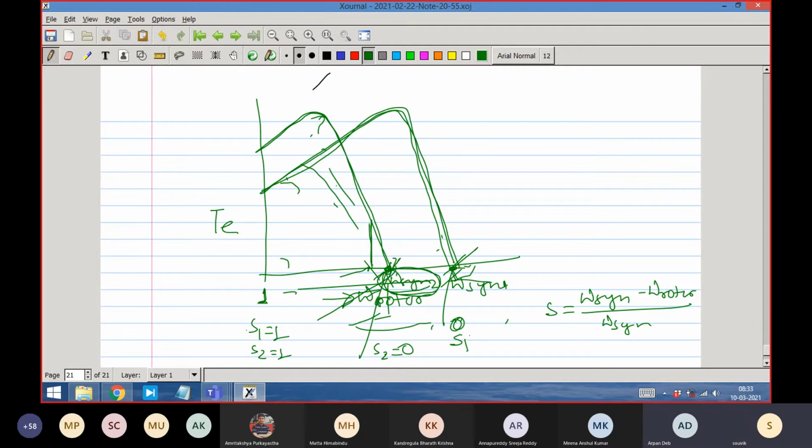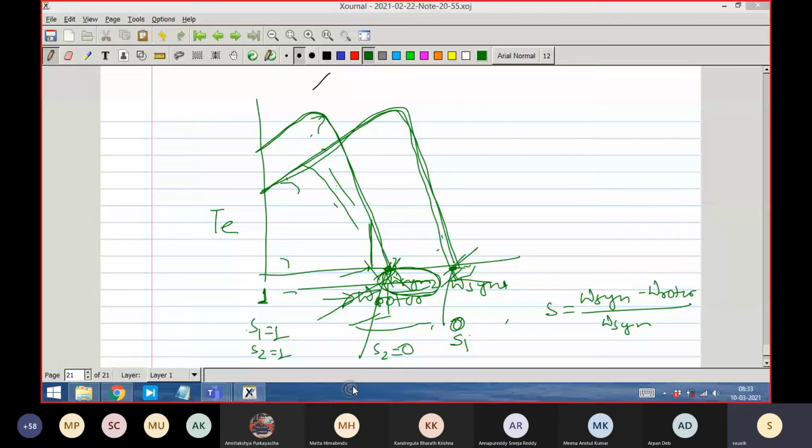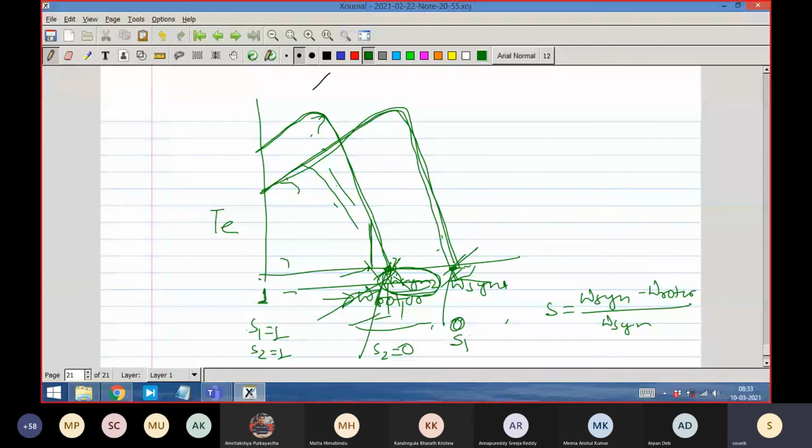Because I have changed this, this is 1 now, because it is always starting, but the synchronous speed has changed. So I have to put S2 equal to 0. Overall the scale is number based, but the slip is changing.